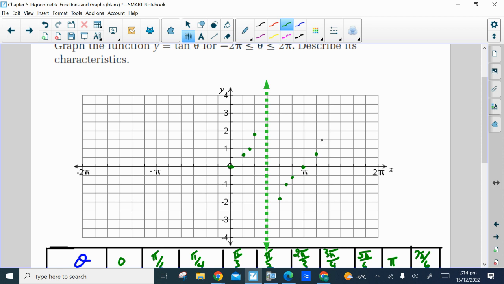At 5 pi on 4, we'll be at 1. At 4 pi on 3, which is 8 pi on 6s, we're at 1.73. And then at 3 pi on 2, once again, we are undefined, so we have another vertical asymptote there.